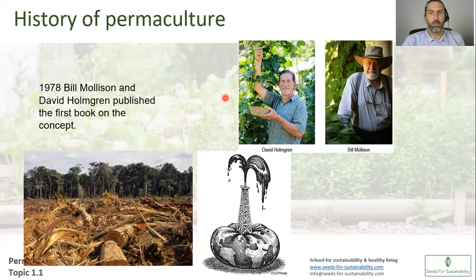Yet the world is starting to think differently, trying to go out of fossil fuels more towards renewable energy. And nowadays, obviously, with climate change and other environmental problems, it's hard to look away. So this was the time when they founded permaculture.